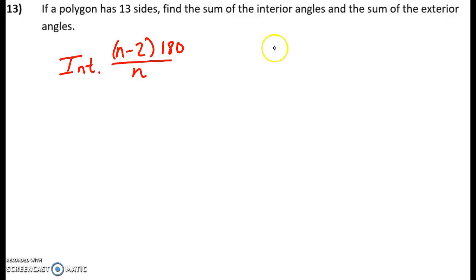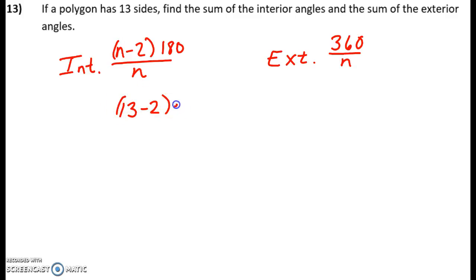If you're trying to find an exterior angle, you take the sum of all the exterior angles, which is 360 degrees, and you divide it by the number of sides. So in this given problem, we have a total of 13 sides.